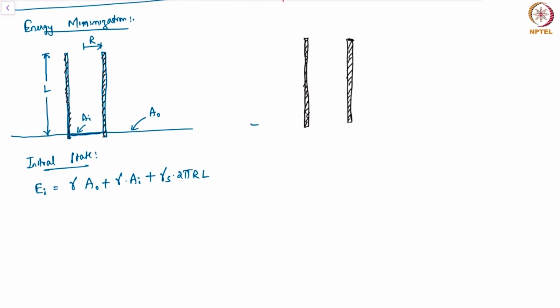Now the outer region has not really changed much, but on the inside the fluid has risen to a height of capital H. The fluid has risen to a height of capital H. And the centroid of this region, the center of mass of this column, is H by 2.